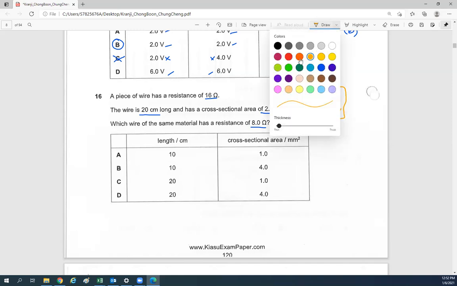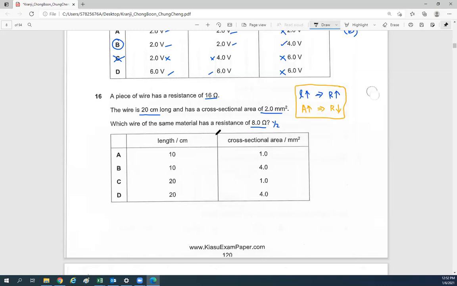So knowing that, let us now go back to the question. Remember, I want the total resistance to drop by half. Now the wire length is decreased. It means the resistance drops, which is what we want.